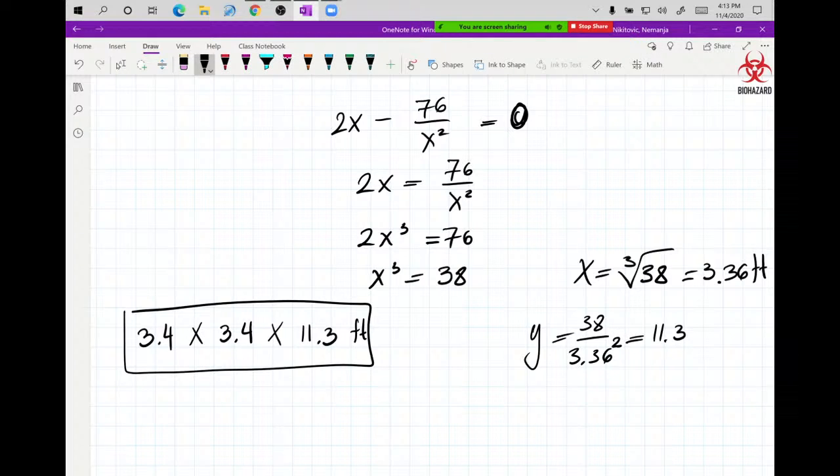So, okay, 38 divided by 3.36 squared. It's 3.3. Okay, good. So also it's about 3.4. There we go. And 3.4 cubed is about 38.9, yeah, I rounded all three numbers. All right, cool. We got it.